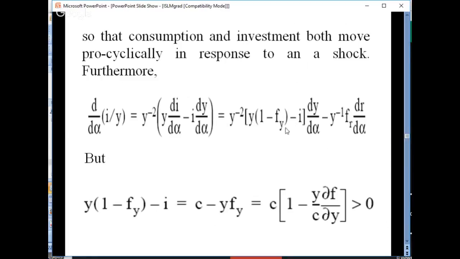Knowing that this is positive and that that part is positive, the final inequality follows from Keynes' fundamental psychological law, thus the investment-output ratio moves pro-cyclically, i.e., when we're doing better in the economy, a larger percentage of our income gets invested.